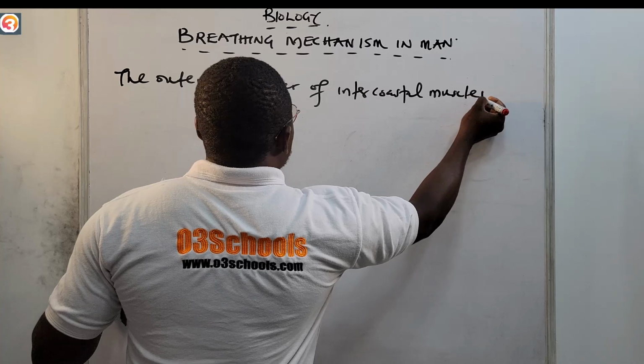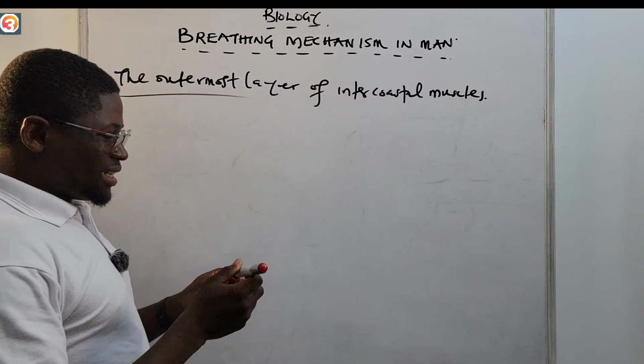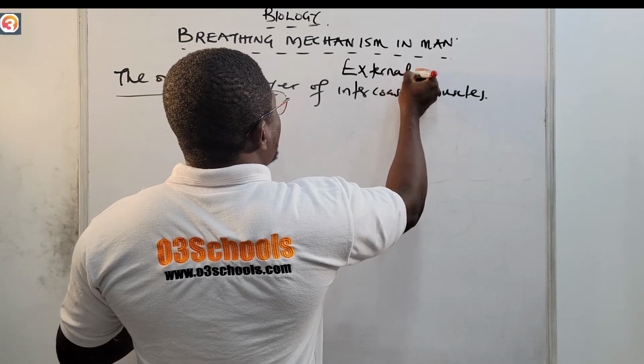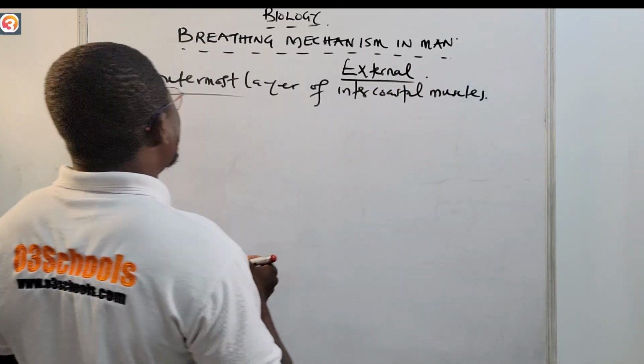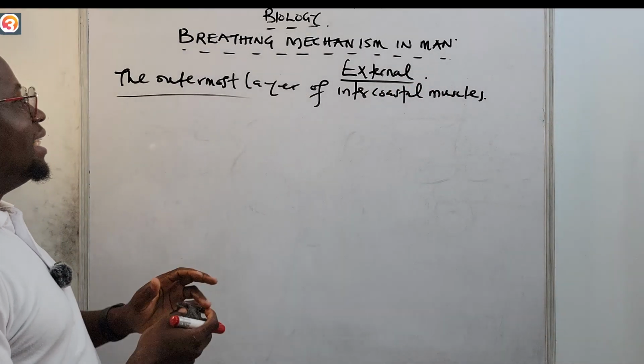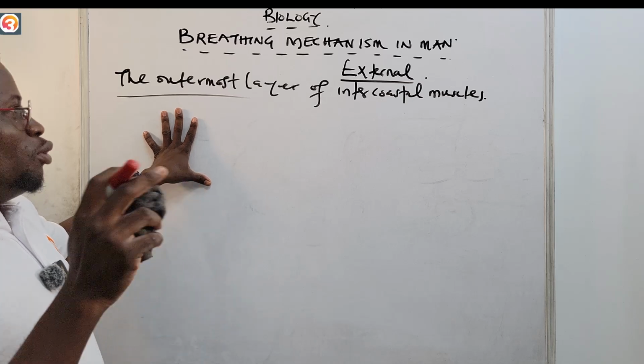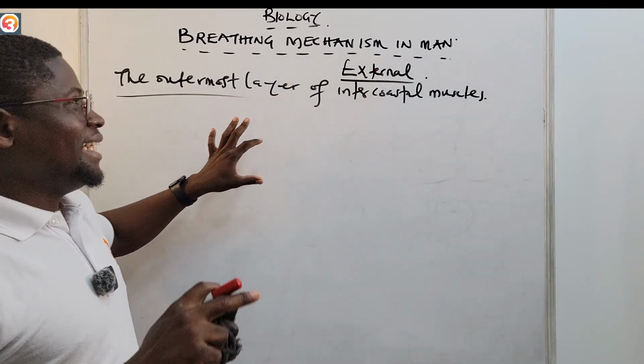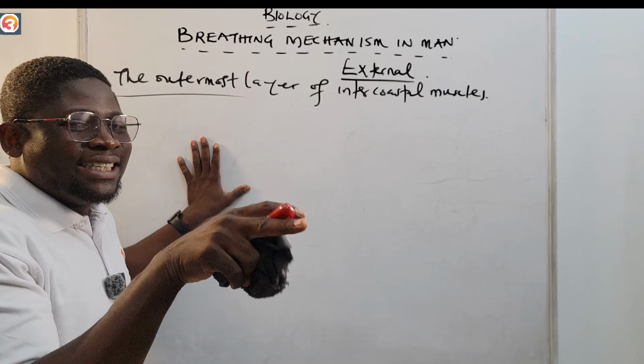It is the outermost layer, that is the external. We're talking about the external intercostal. Please take note of that. The external. Why the internal intercostal muscles?